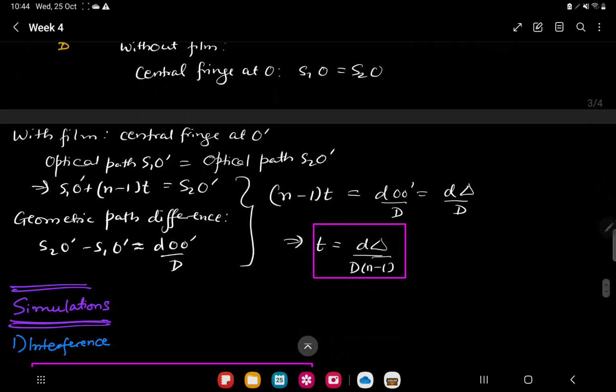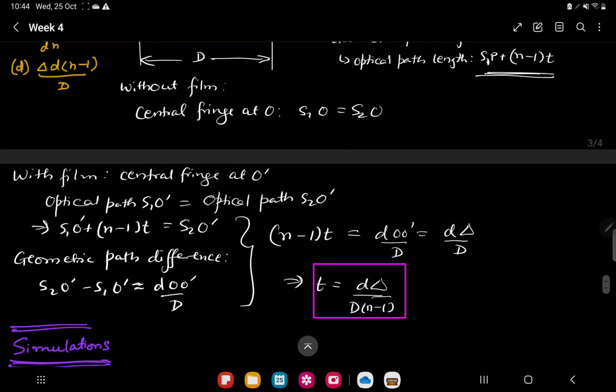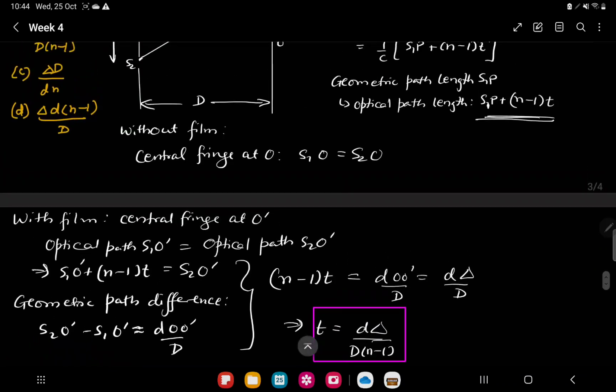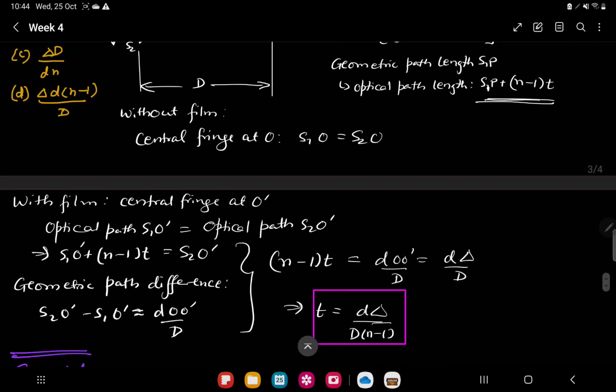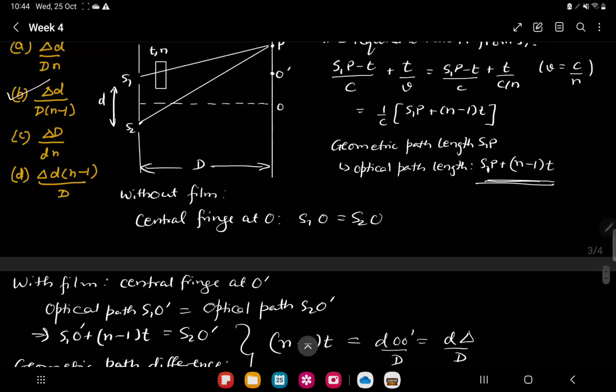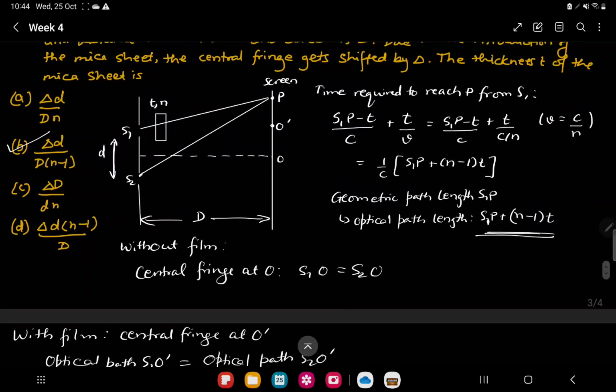These parameters include the thickness of the film, the refractive index of the film, the distance between the screen and the slits, and the slit separation.